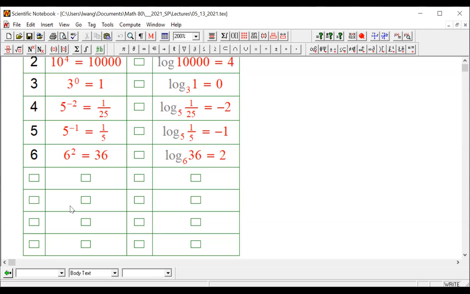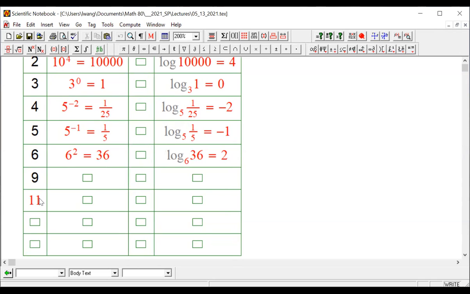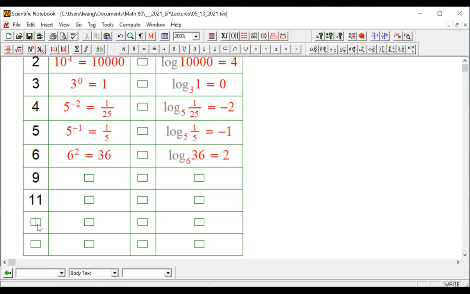I'm going to choose number 9 for you, number 11 for you, number 12, and number 14. Okay, they're a little bit more challenging.